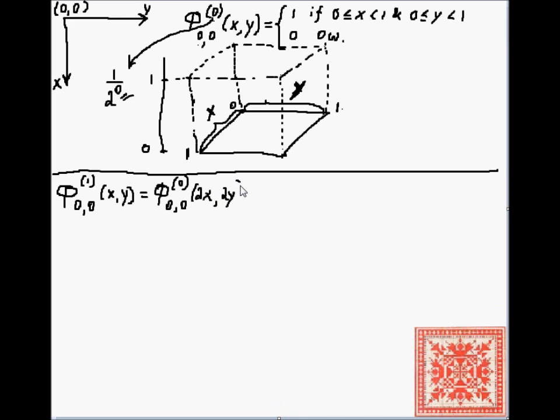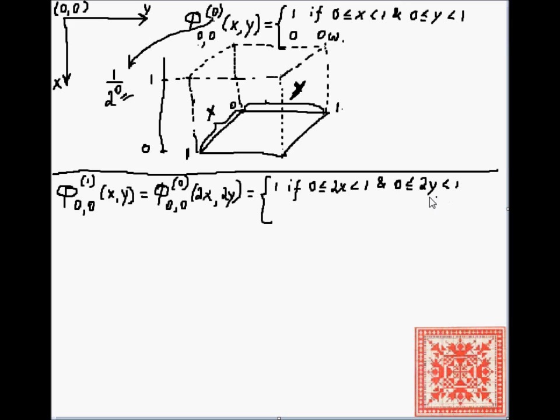I'll explain again shortly what the superscript 1 means. 0, 0 is simply where the square starts, and the superscript means the power of 2 in the denominator, because the size of the basic square that this step function will be covering in the two-dimensional plane of x and y is going to be 1 over 2, half.